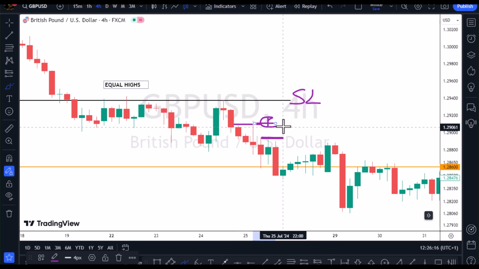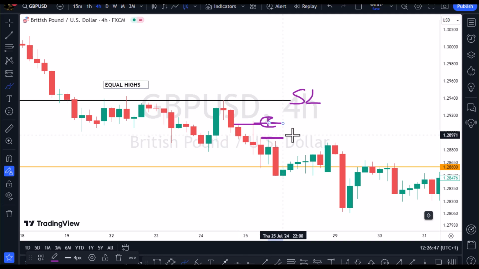Your entry is at this level, your stop loss was above before, but when you got into profit, you pushed your stop loss lower than your entry. That means your stop loss now has positive value, so it has turned into a trailing stop and is no more a stop loss, right?